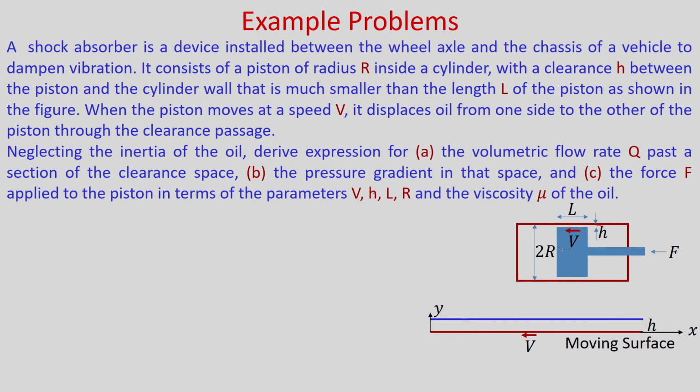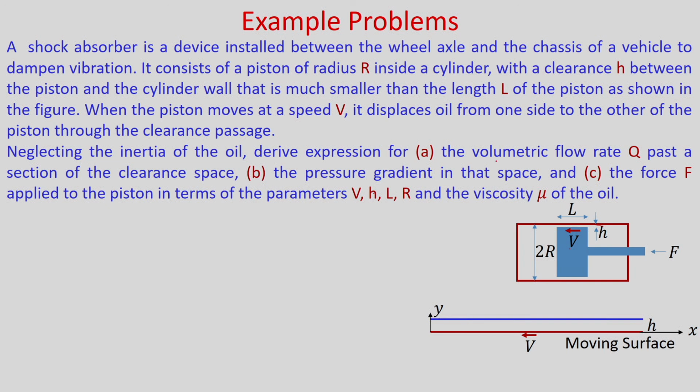So, obviously, when it is moving, the fluid will pass through this small clearance, and the length of this piston is L. So, now in this direction the velocity is v. So, this is the moving surface v, and you can see that this will be the length L and height is h. So, clearance is h.